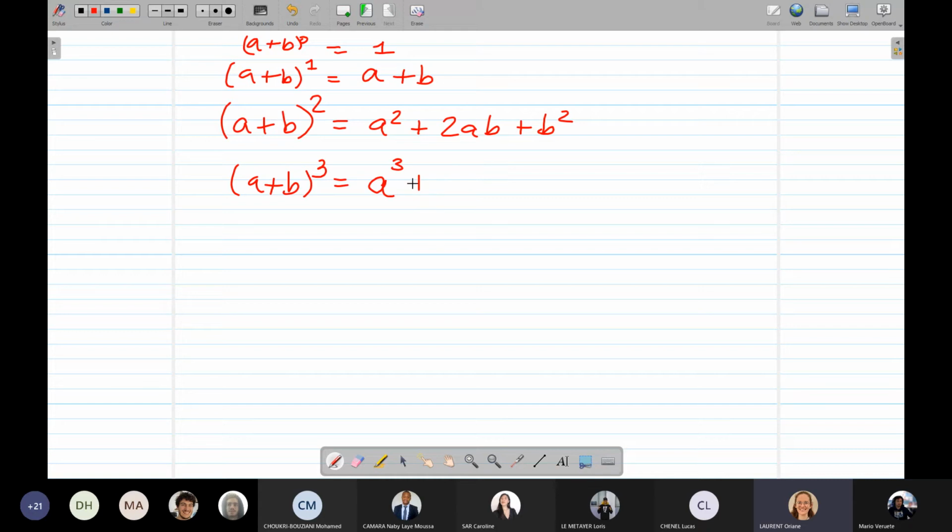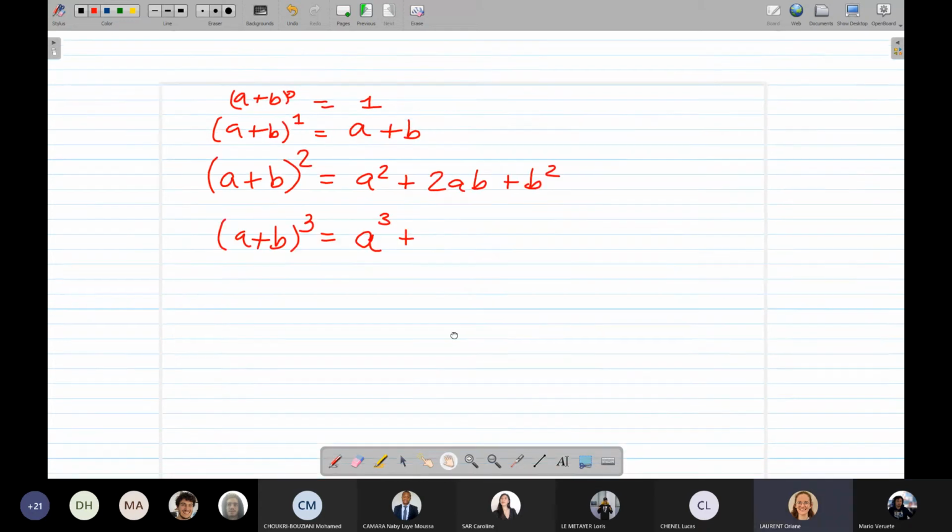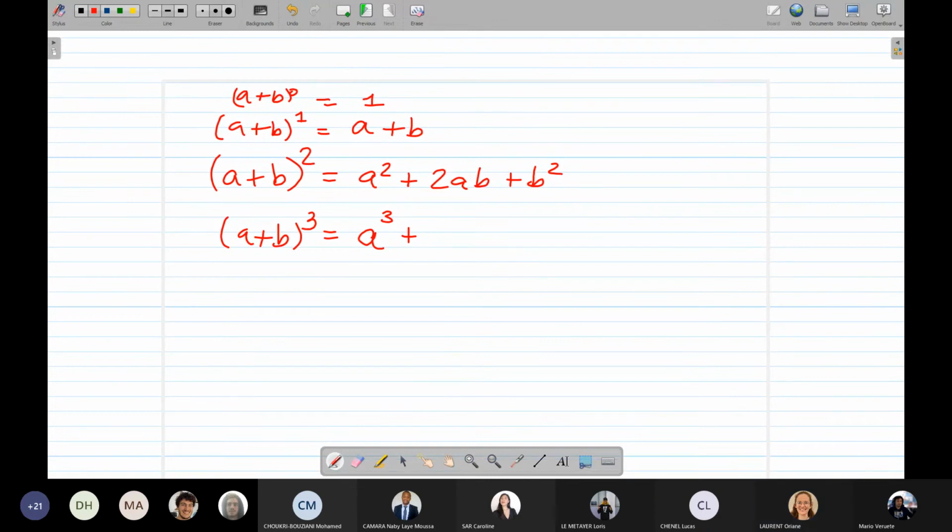And the last one, a plus b cube? A cube plus 3 a square b plus 3 ab square plus b cube. Okay.